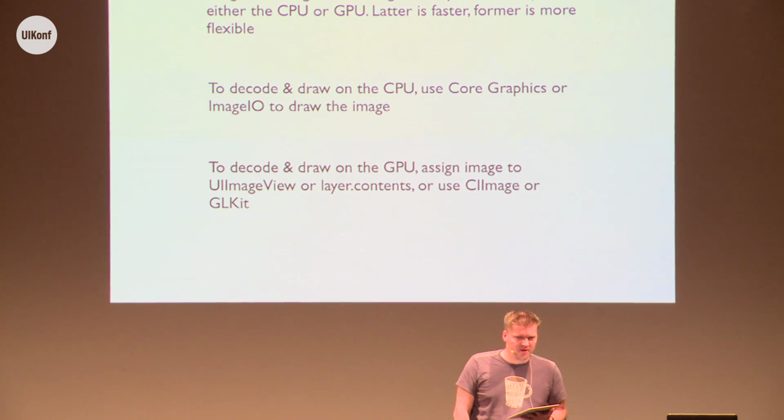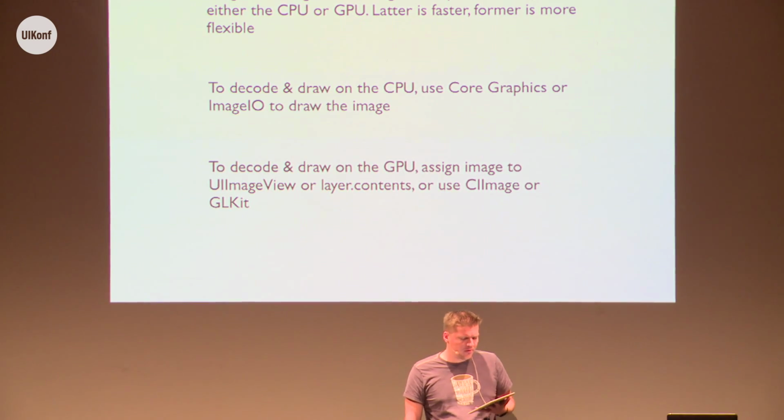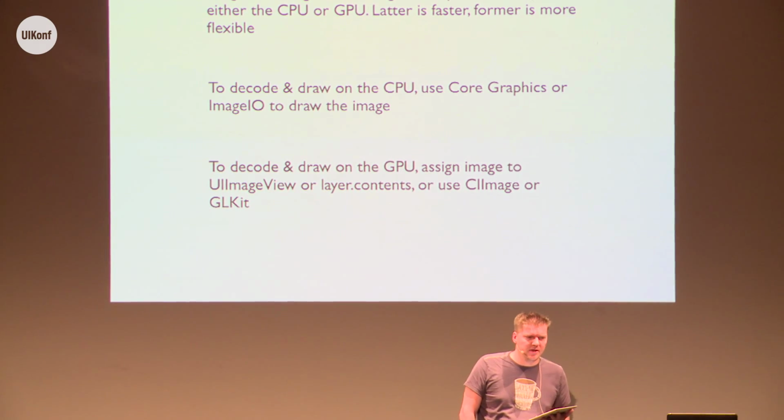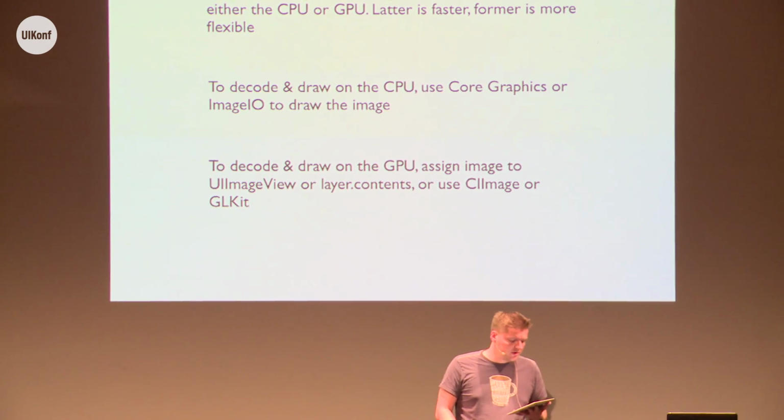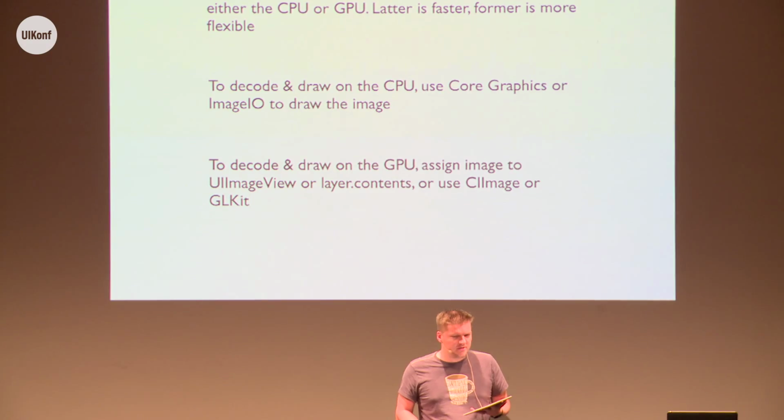So, CPU versus GPU. Both decoding and drawing can actually be handled by the GPU rather than the CPU on iOS. And that is actually the default behavior, because when you assign a freshly initted UIImage to layer.contents or imageview.image, it will decode it on the GPU and then draw it using the GPU as well, which is faster than anything you can do with core graphics or Image I/O.